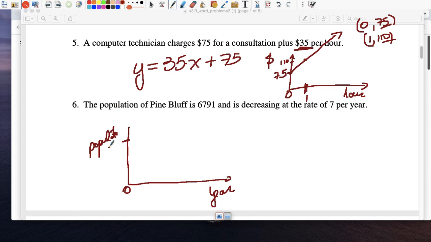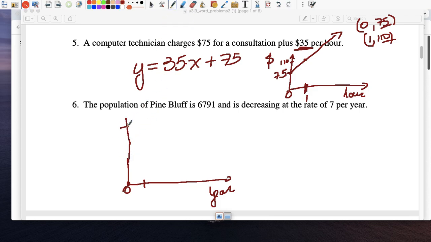And we know that's 6,791. So the moment I start keeping records of this town, it has a population of 6,791. So after 1 year, what's the population? Well, it's going to decrease how many? 7. So 6,791 minus 7 is 6,684.